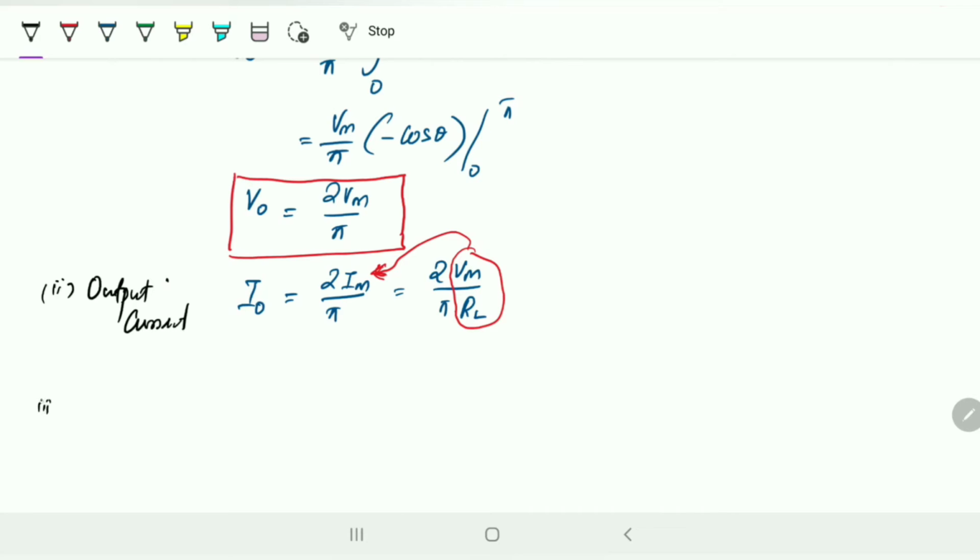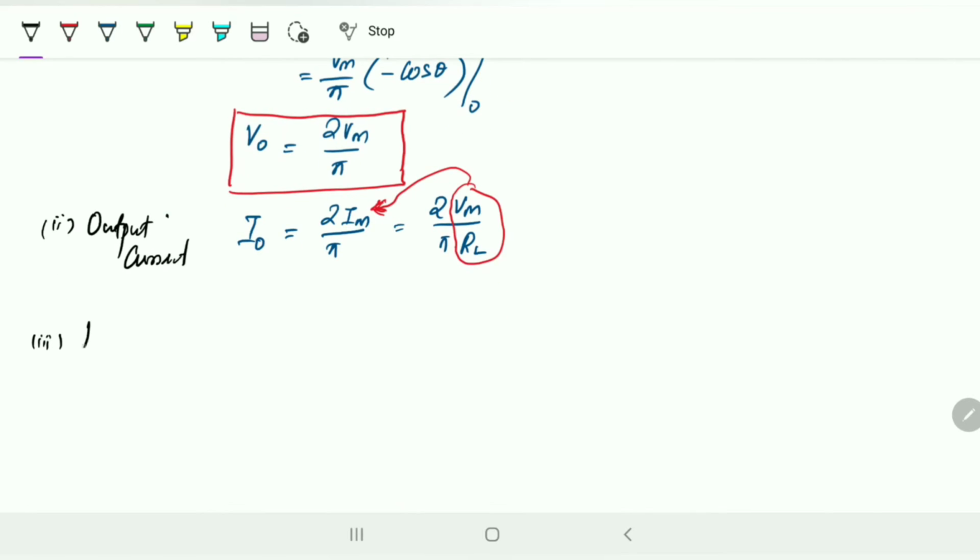Next is the output power, PDC, because DC is the output. PDC is IDC square into RL.